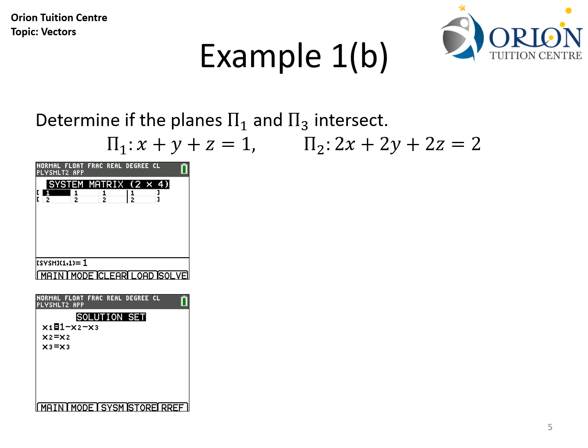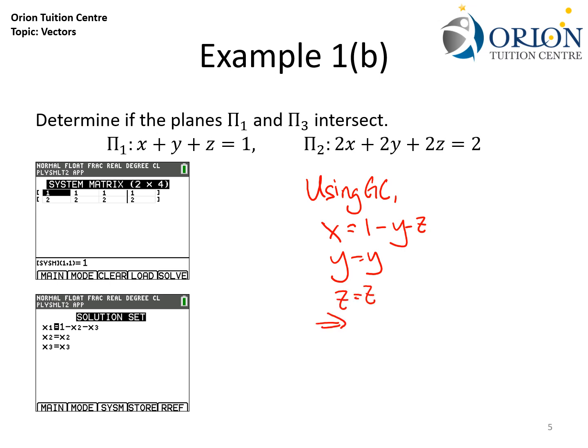From the GC, we get a solution of x equals 1 minus y minus z, y equals y, and z equals z. Therefore, we know that pi 1 and pi 2 are the same plane.